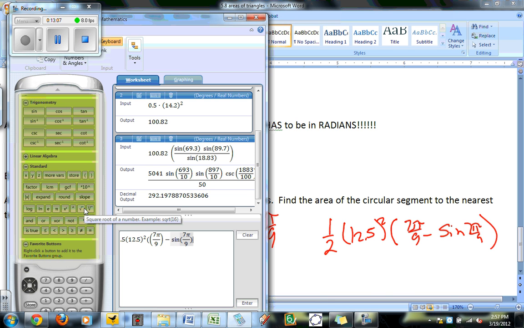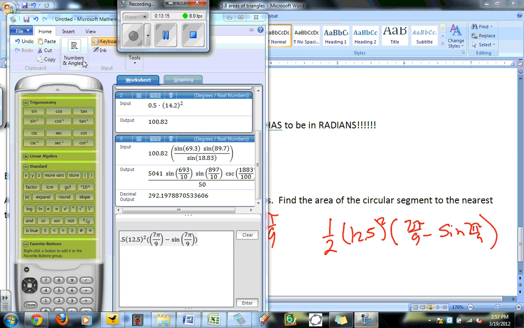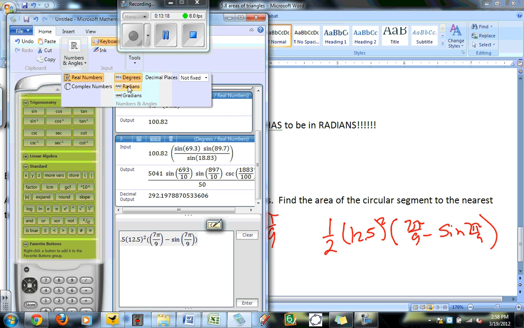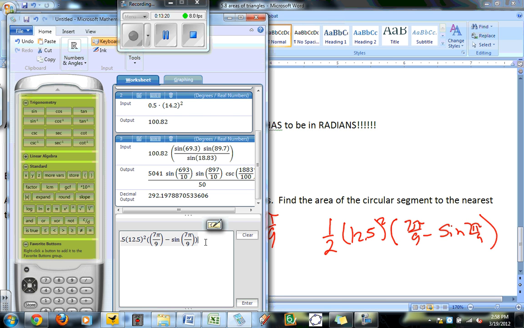And I better check to make sure my calculator is in radians before I do this. It has to be in radians, not degrees.